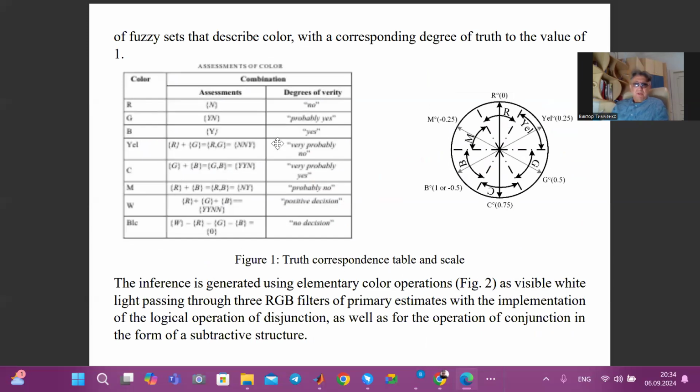This table illustrates and demonstrates the degree of truth and the numerical scale. The inference is generated using elementary color operations: a visible white light pattern through 3 RGB filters for primary estimates, with the implementation of logical operations, with disjunction as well as conjunction in the form of a subtractive structure.